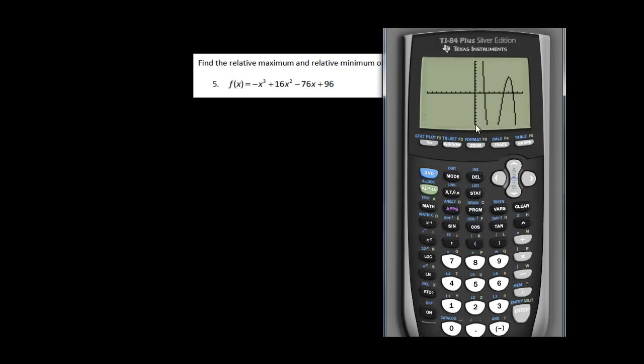So let's extend the window for the minimum max. So instead of only going down to negative 10, let's make it go down to negative 30 and see if we have all of it. Yep. So we want to find the relative min here and the relative max there. So second trace 3.